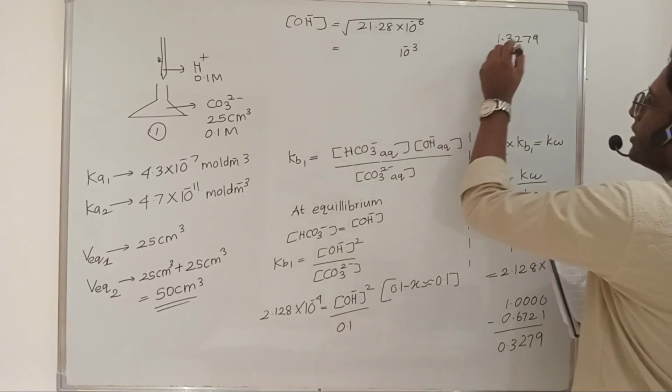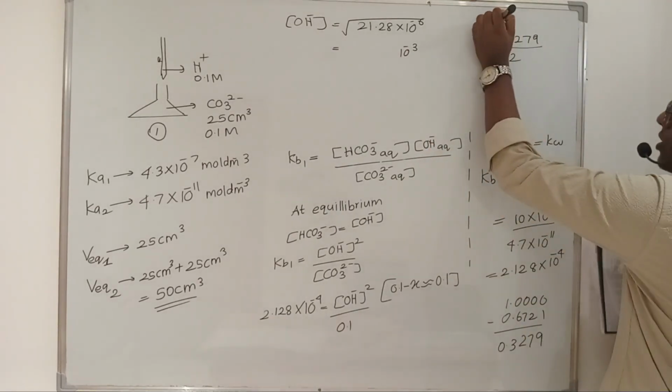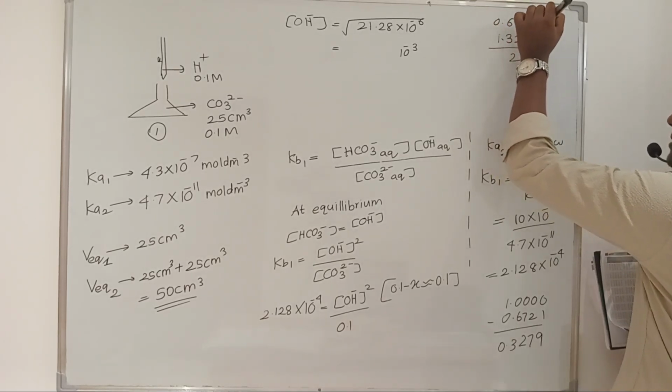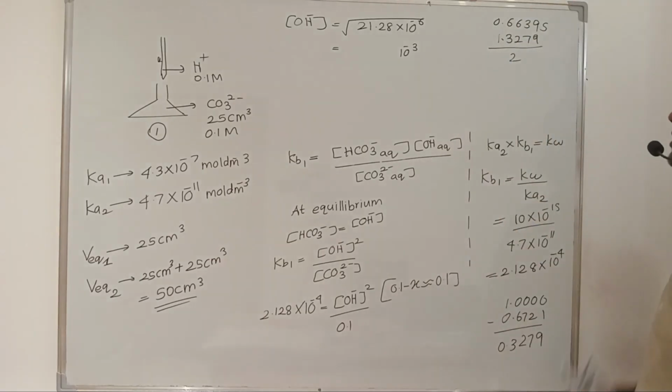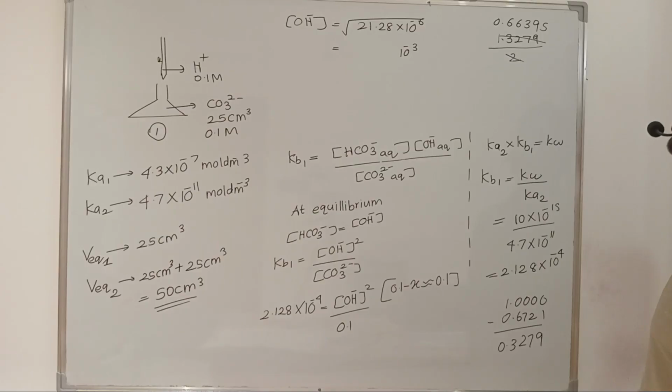If it is a root value, I have to divide the log value by 2. Then I'll be getting 0.66395.